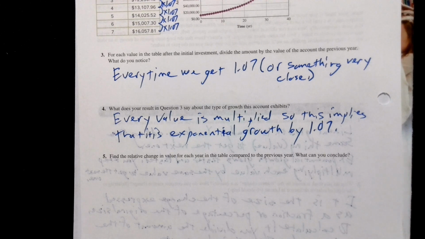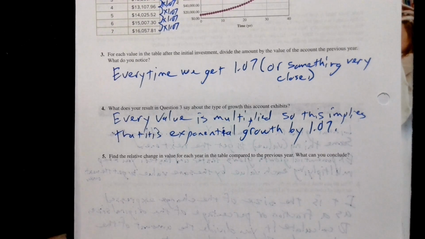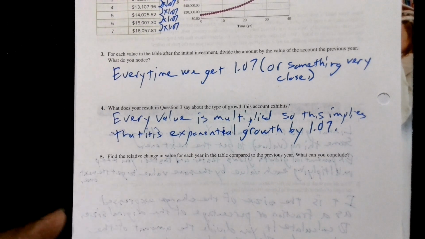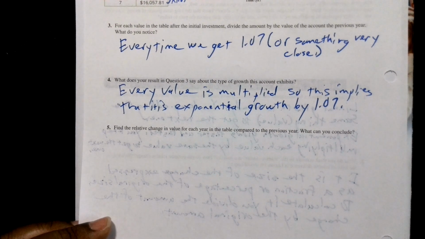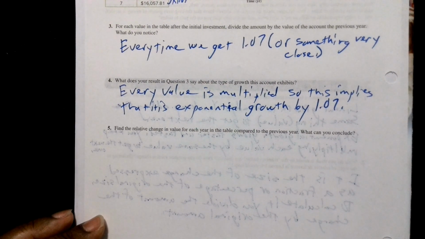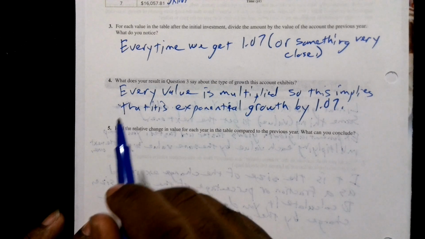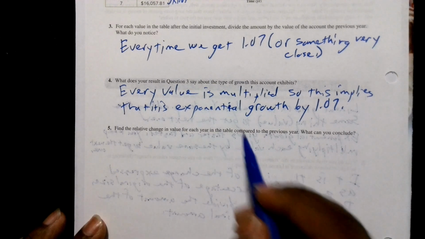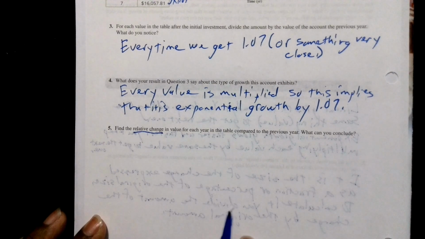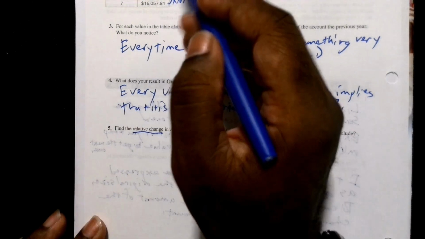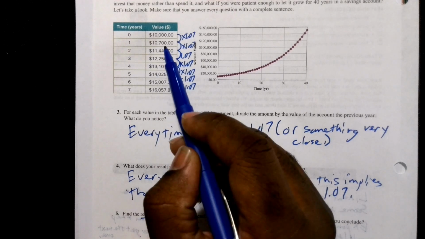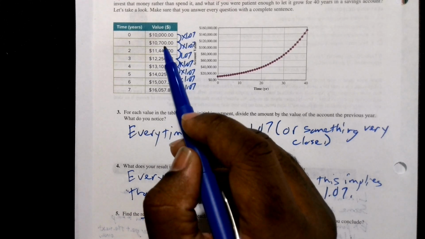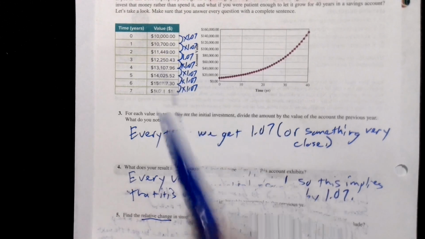Okay, now we move on. It says find the relative change in value for each year in the table compared to the previous year. What can you conclude? Okay, so basically what they're asking us to do when they say they want us the relative change, we would take like year 1, we would take year 1 minus year 0, year 2 minus year 1, and so on.